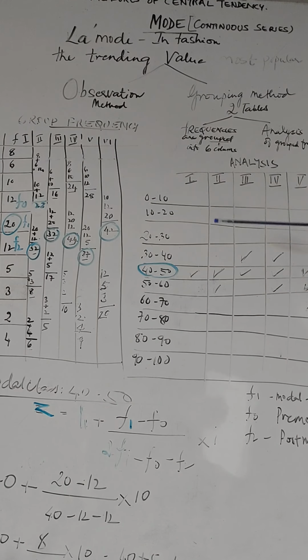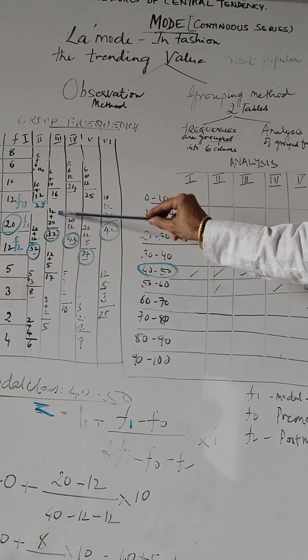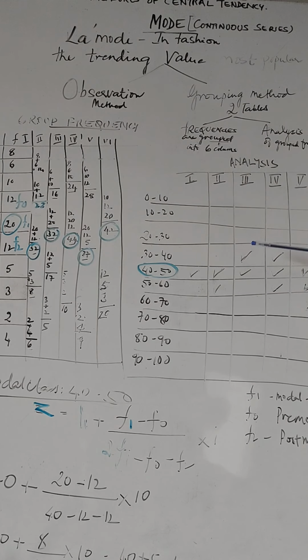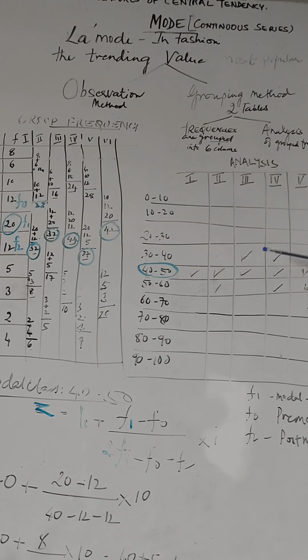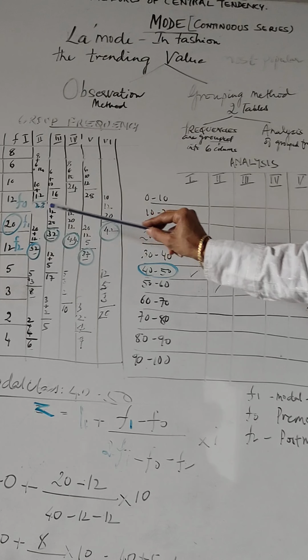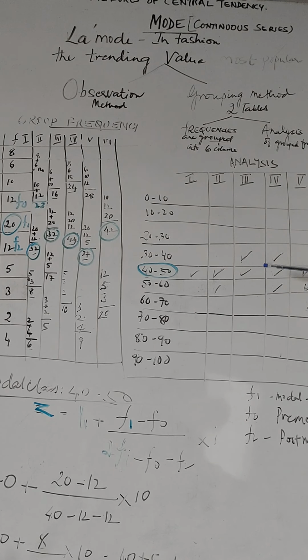Now the third column, it is 32 again. So how did we get 32? In this we have 12, which is against 30 to 40, and 20, that is 40 to 50. Put a tick mark there.